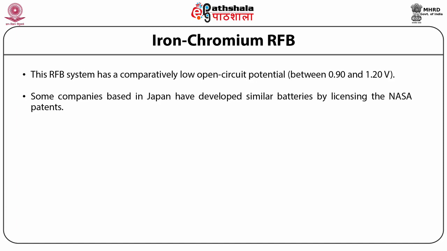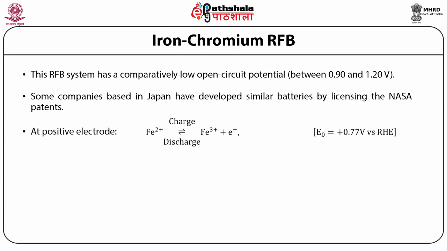The charge transfer reactions at each electrode can be explained as: at the positive electrode, Fe2+ charges or discharges to give Fe3+ plus 1 electron, with E0 equal to +0.77 volts versus RHE.